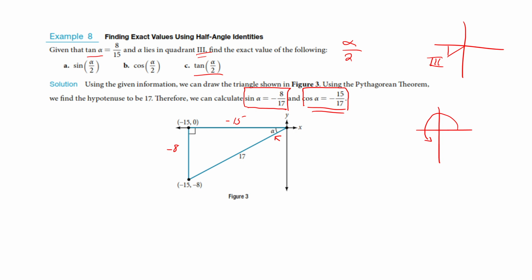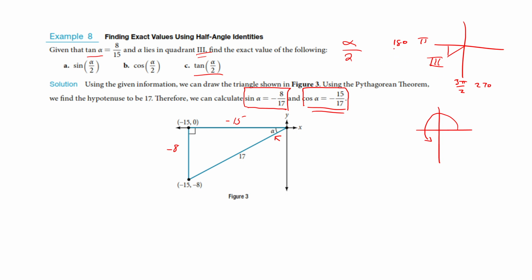So here's what we're saying. We know that alpha is some angle between pi and 3 pi over 2, between 180 and 270. Do you agree with that? We don't know what it is, but we know it's somewhere in there. Well, our angle is going to be half of that because it's half the angle.